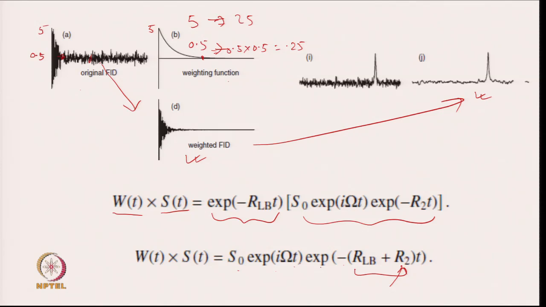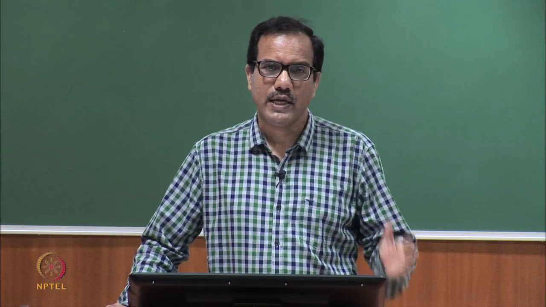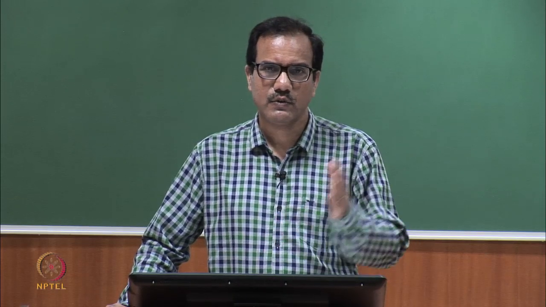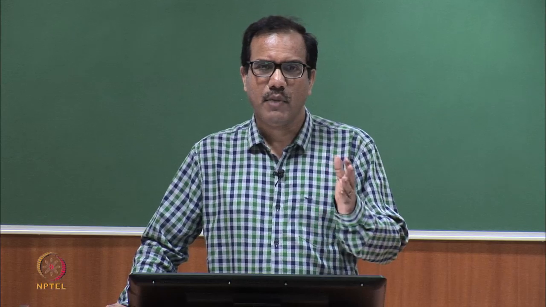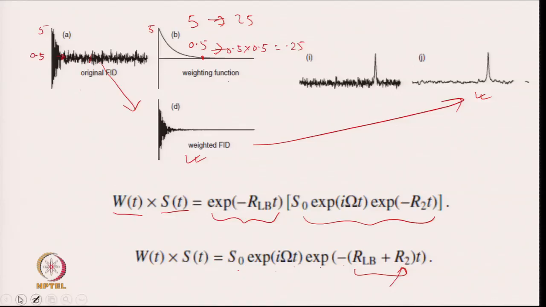Initially your signal decays by rate constant R2, whereas now, when you applied the weighing function, the signal is decaying by RLB plus R2, and thus it leads to signal to noise enhancement.